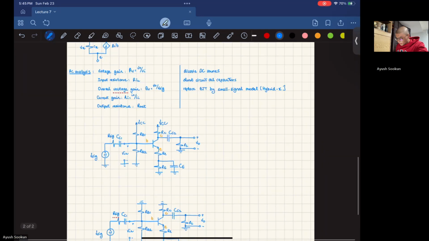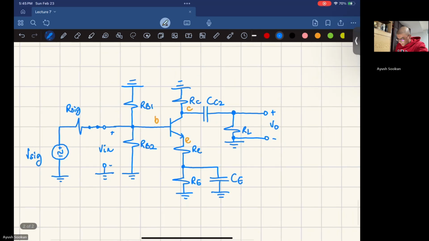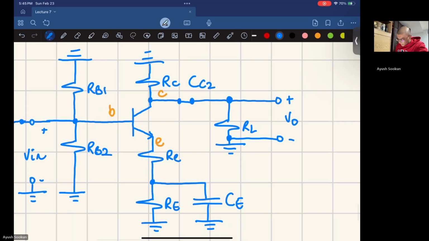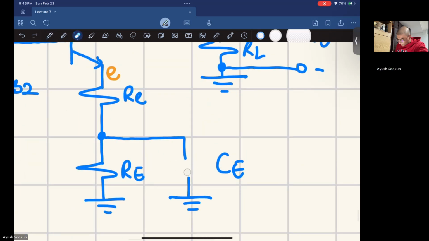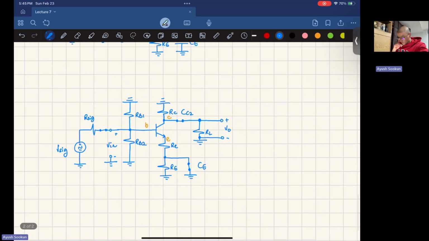Disabled. Number two, I need to short circuit all capacitors. Short circuit this capacitor, and this capacitor. There we go. Now we can notice a couple things here.